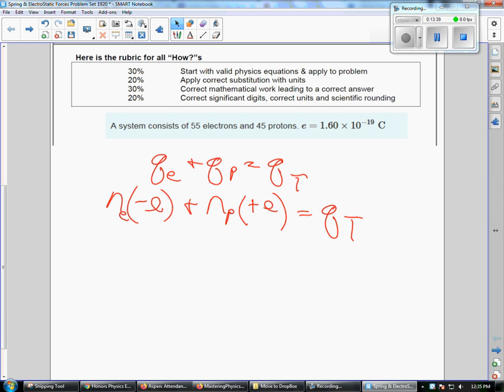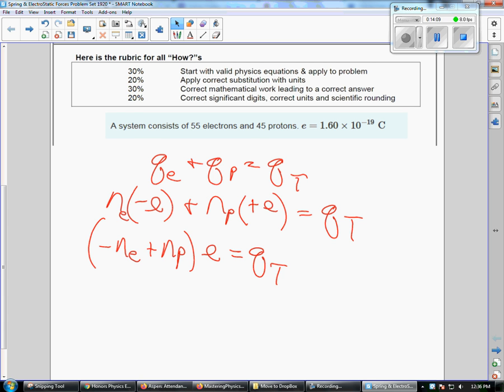I could use like sigma Q over there. So now I'm going to factor here and get negative N_e plus N_p times e equals Q total. So I just factored that e out.